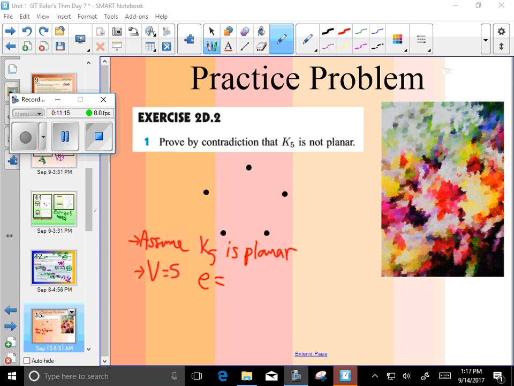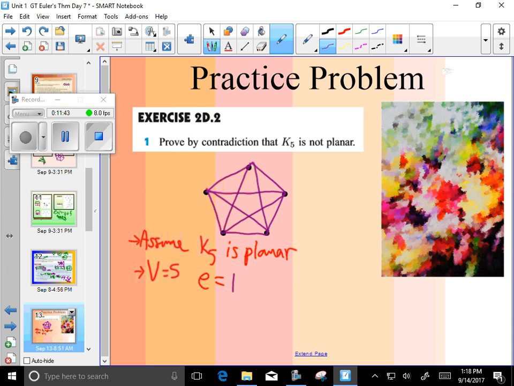K5 means it's all of these connected and all of these connected. Yeah, we can just do it this way. It's not planar yet, but maybe we can do it. So how many edges is that again?